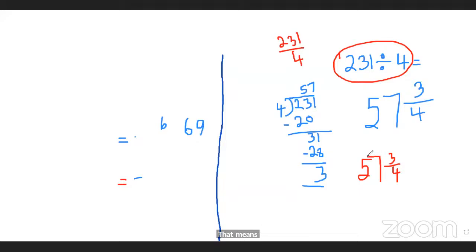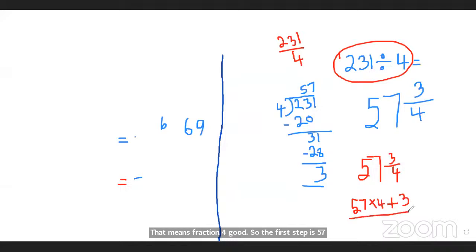So the first step is 57 times 4 plus 3 whole, divided by 4, would give me 231 by 4, in the same place. I get the same.